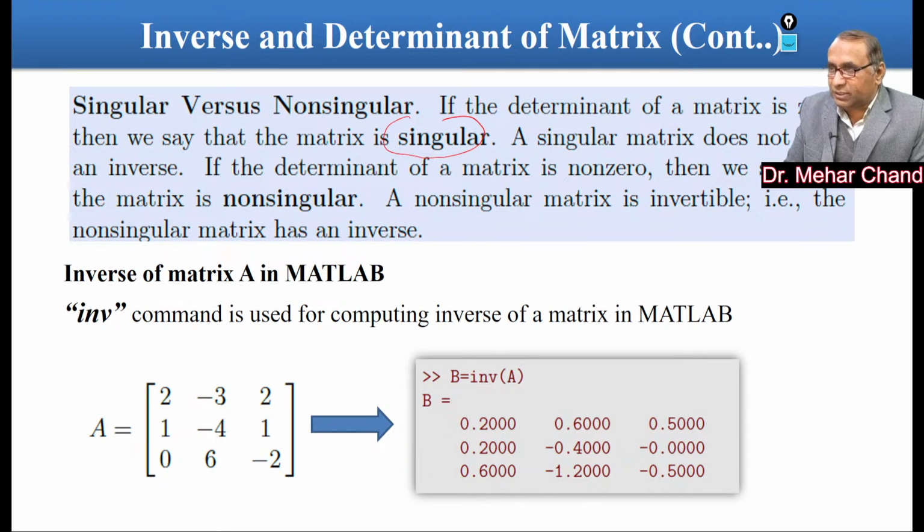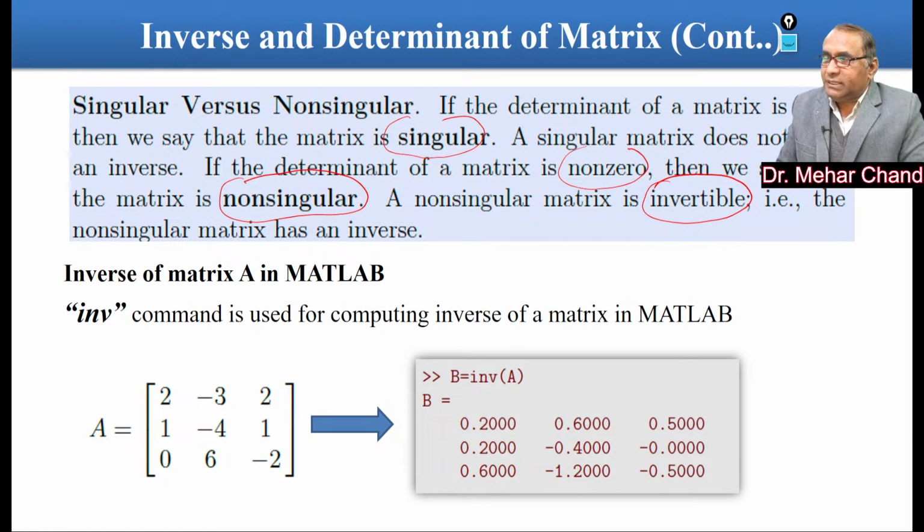That's why if the matrix is singular, we are not able to find its inverse matrix. But if the determinant of the matrix is non-zero, then we say that the matrix is non-singular. And only if the matrix is non-singular is it invertible. A non-singular matrix has an inverse matrix.